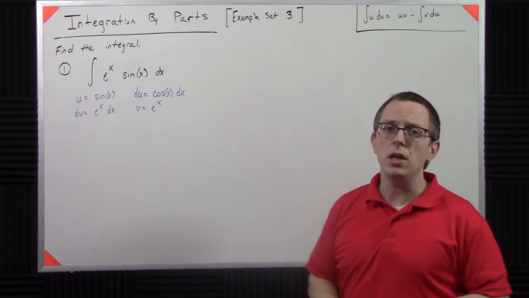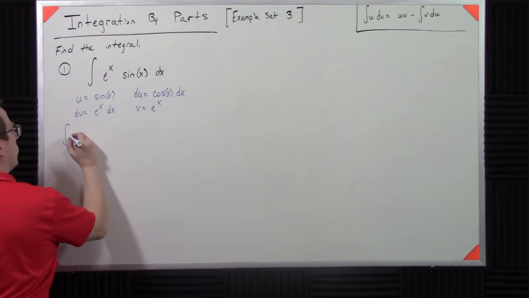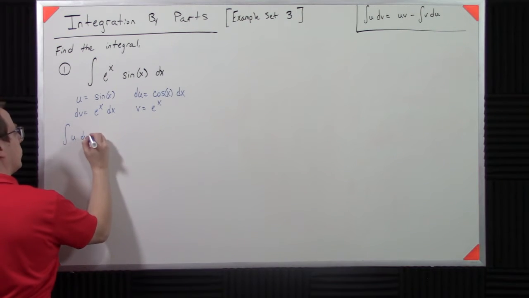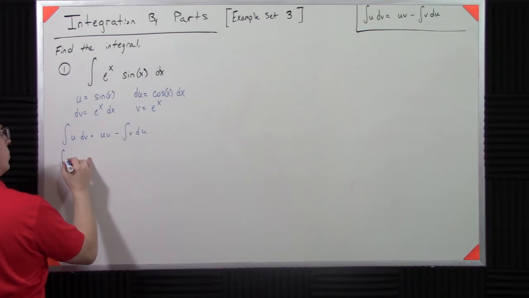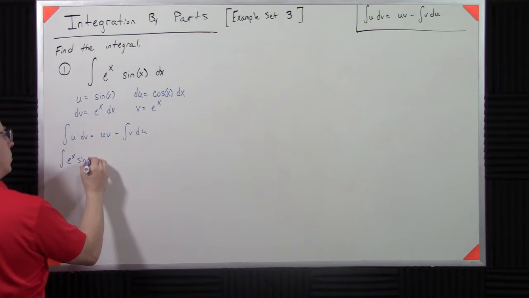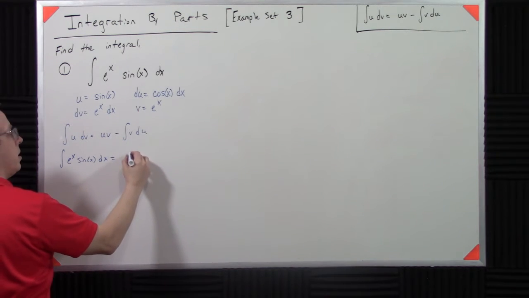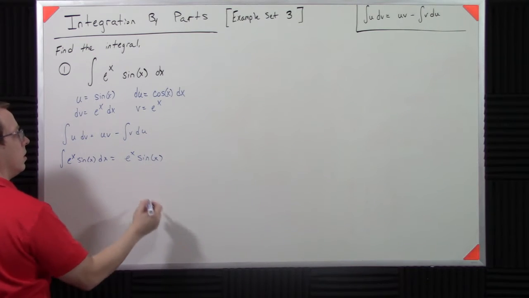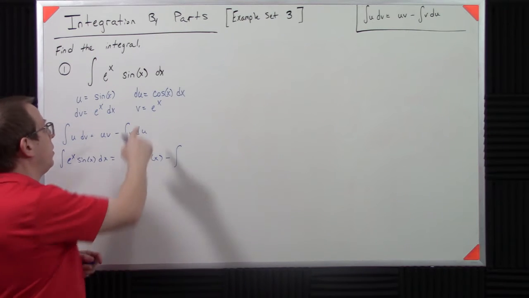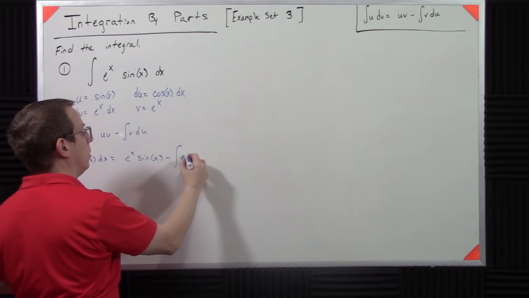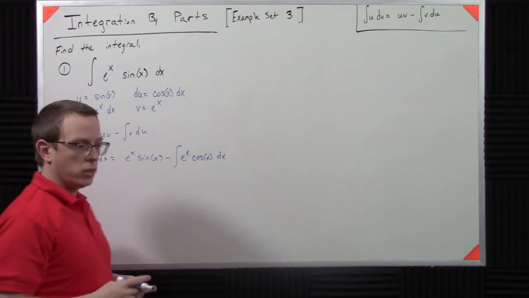So by using the formula here, we have uv, so that's e to the x sine of x, minus the integral of v du, e to the x cosine of x dx.